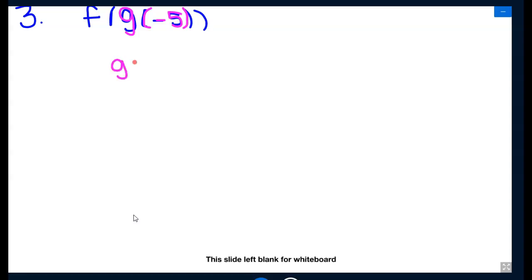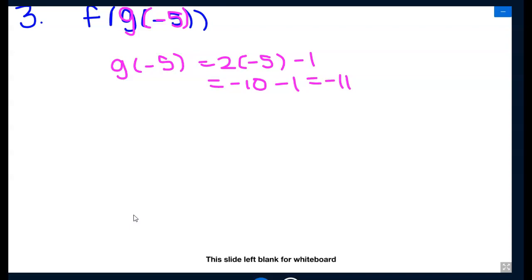So g of negative 5 is 2 times negative 5 minus 1. So you get negative 10 minus 1, or negative 11. So f of g of negative 5 is really the same as f of negative 11.